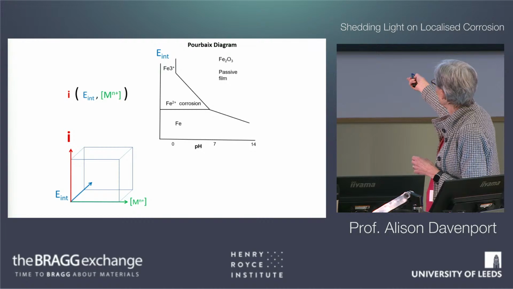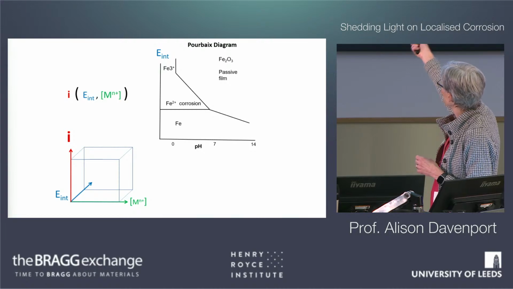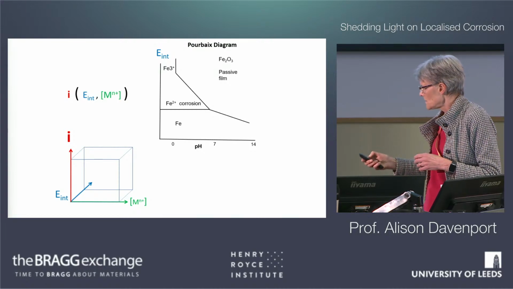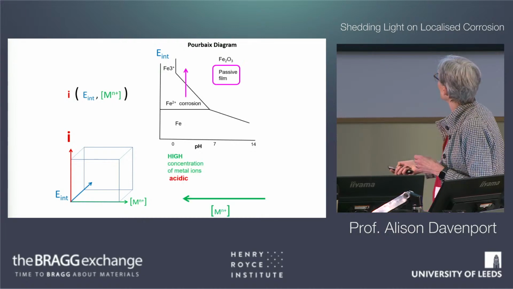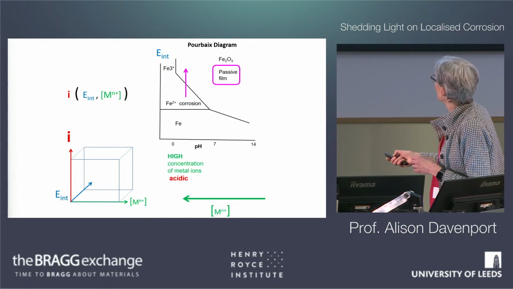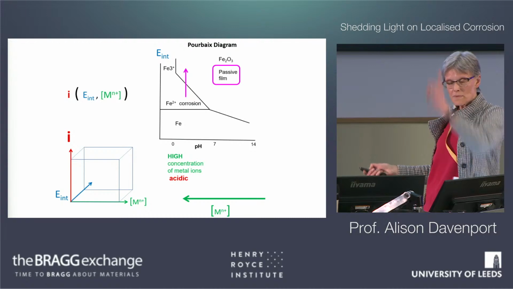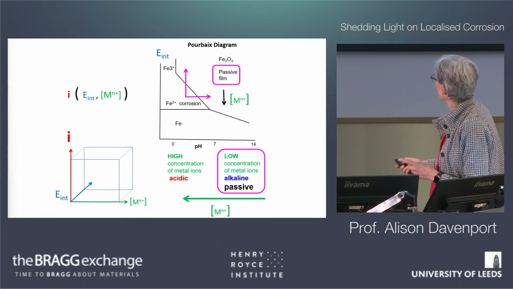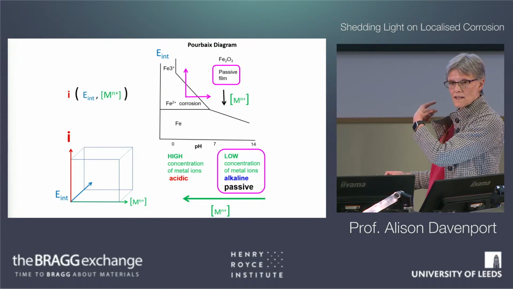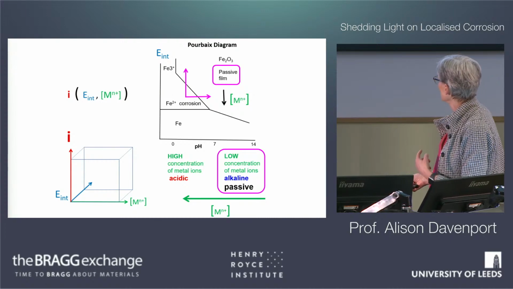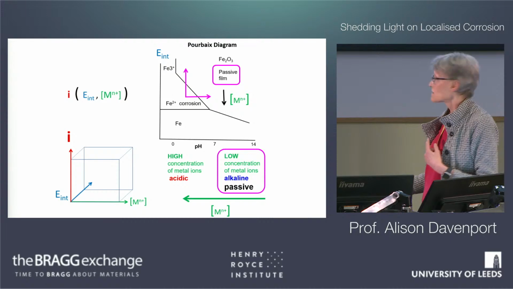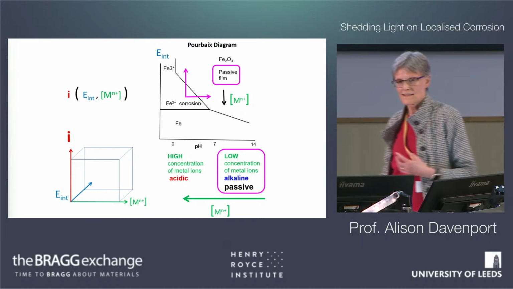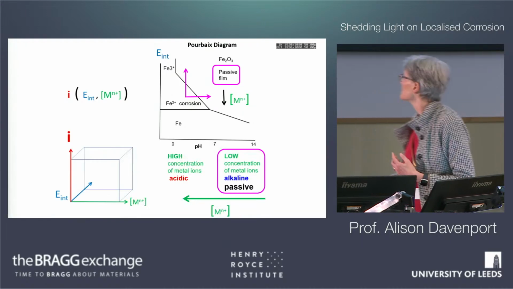Here, if you've got a high pH, a more alkaline solution, the passive films can become more thermodynamically stable. So if you go up in potential, you can end up in a passive region, and also if you go up in pH, which in effect would mean lowering your concentration of metal ions, you might also end up in a passive region.